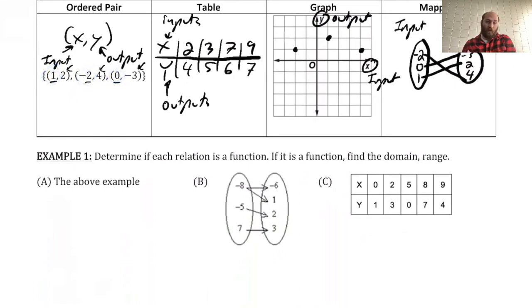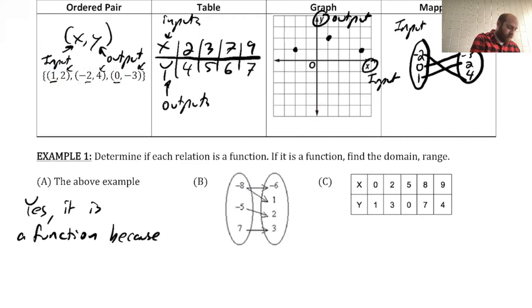Do they go to only one value? Yes, 1 goes to 2, -2 to 4, 0 to -3. So in the ordered pairs, yes, it is a function. And if I write the rest of the definition, I would say because every input has only one output.